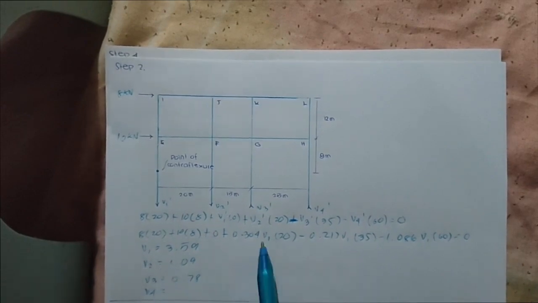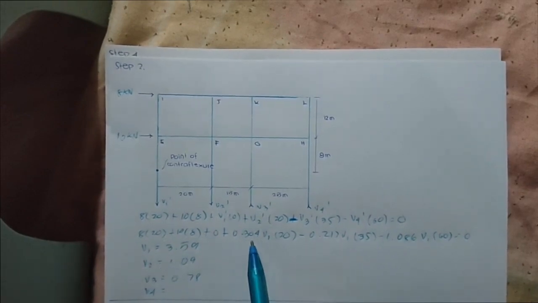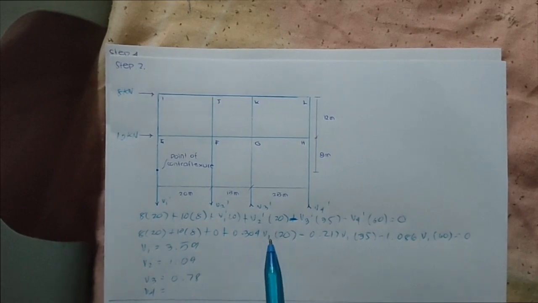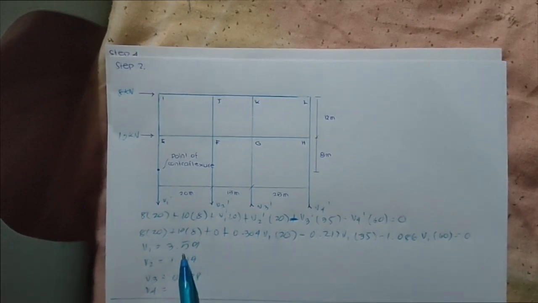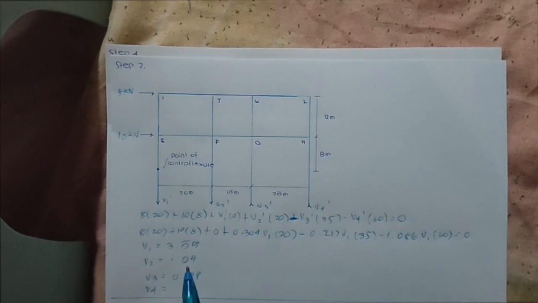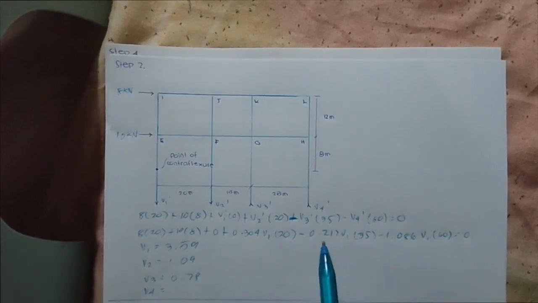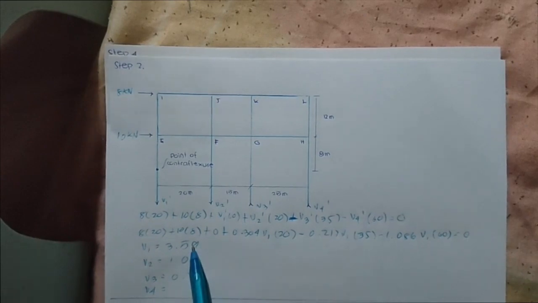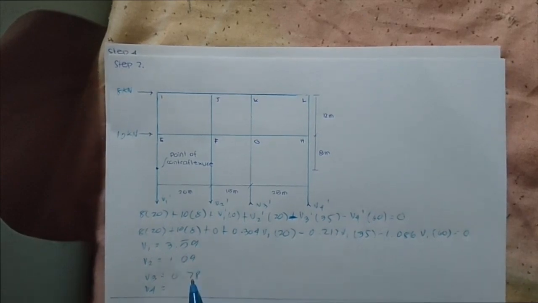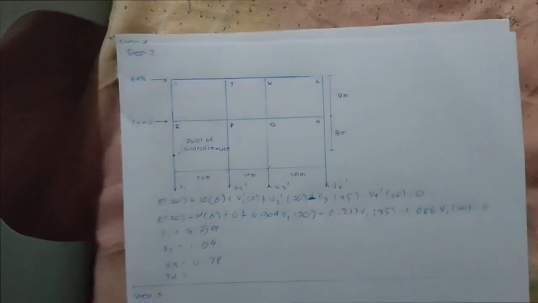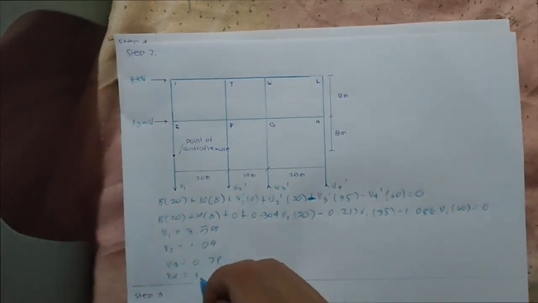Then for V2, which is earlier 0.304 V1, we just multiply it by 3.59, and we'll get the answer of 1.09. For V3, 0.217 times 3.59, we'll get the answer of 0.78. Then for V4, 1.086 V1 times 3.59, we'll get the answer of 3.19.